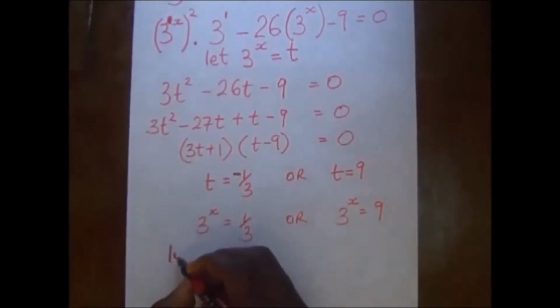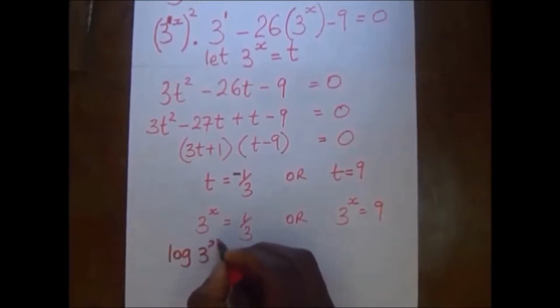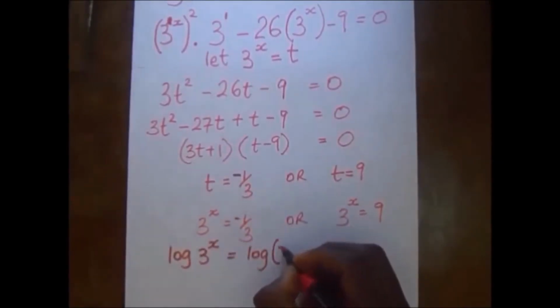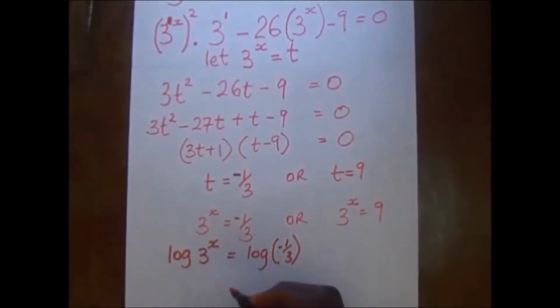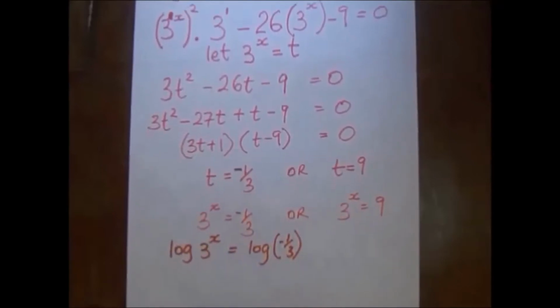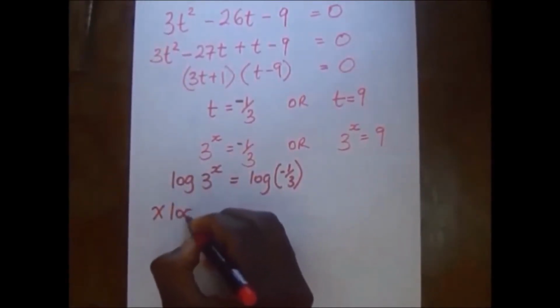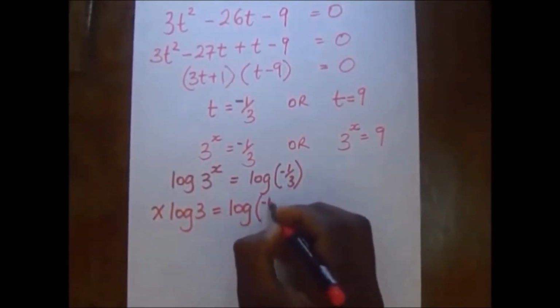So introducing log on both sides, we have log of 3 to the power x being equal to log of negative a third. That is going to become x times the log of 3 is going to give us log of negative a third.